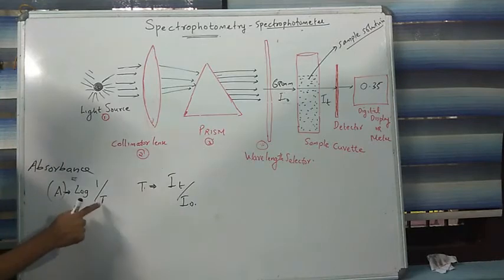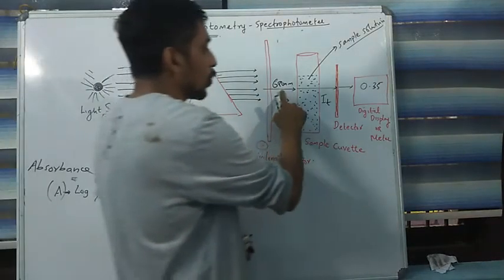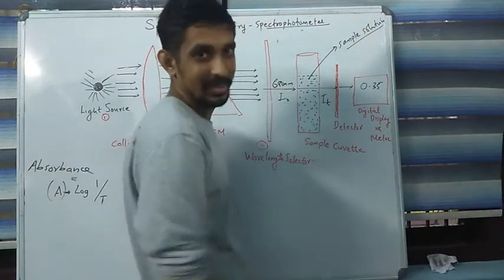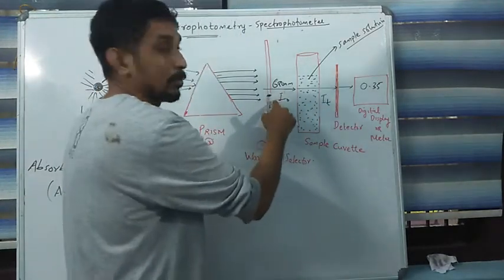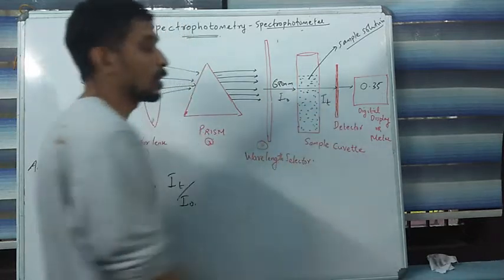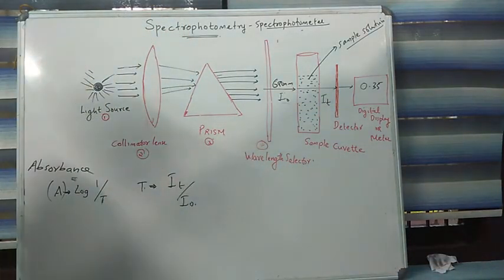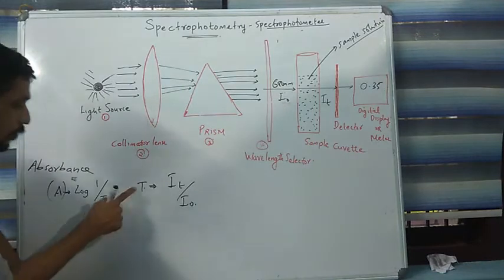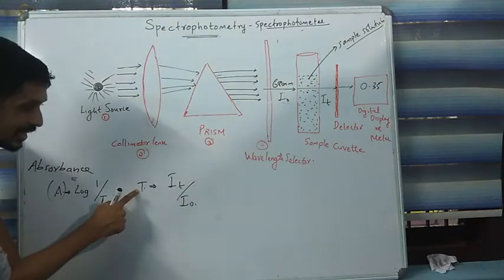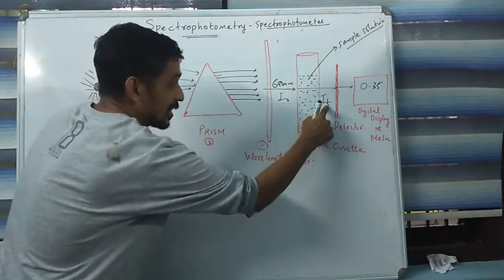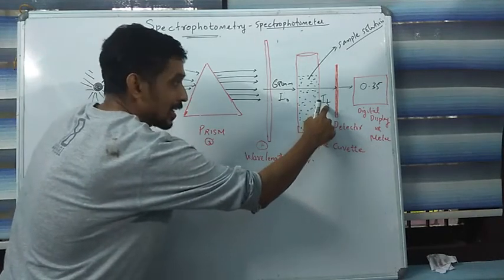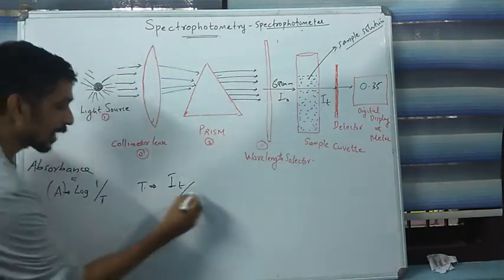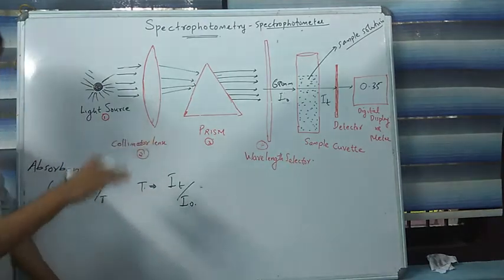Here we have one unknown value: what is the transmittance? How much of the incident light gets transmitted? Before finding the absorbance, we have to find out how much light gets transmitted without being absorbed by this unknown material. So first we find the transmittance: T is equal to the transmitted light I_T divided by the incident light I0. That gives the amount of light transmitted.